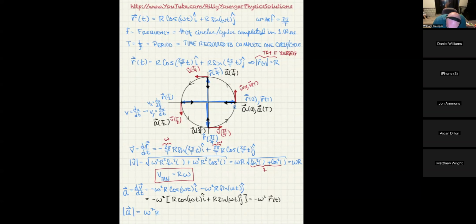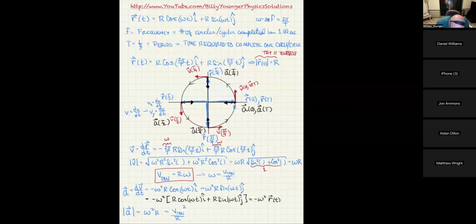But you could also realize that this expression for v tan equals r omega tells us omega is equal to v tan over r. So I can really replace the omega squared with v tangent squared over r squared, and I'd end up getting v tangent squared over r.